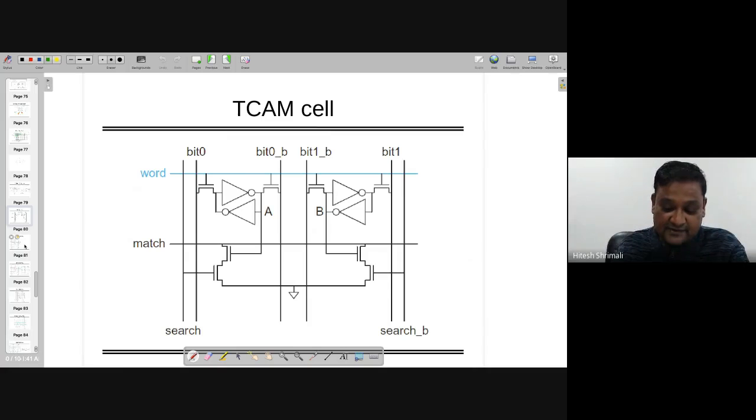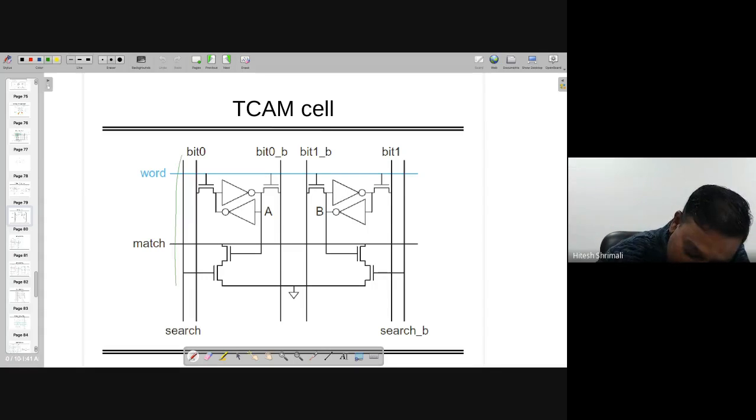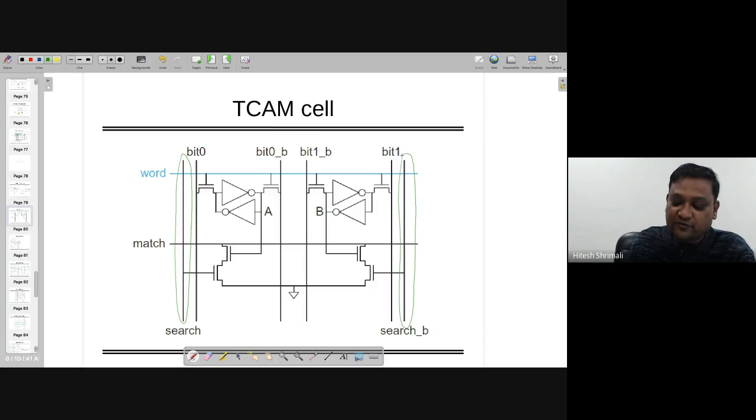Now let's look at one more cell, which is again a TCAM, but the only difference in this TCAM cell is that we are adding two more lines, search and search bar. Note that these are similar to what we were doing with bit and bit bar earlier.